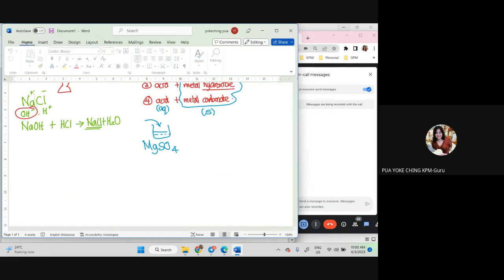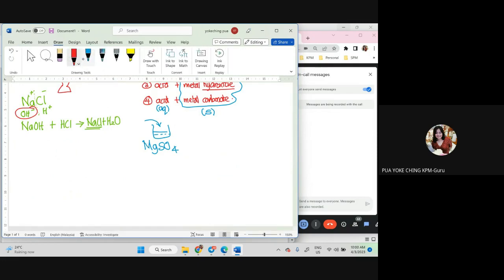The way is like before: split it into half, the back is still H+. Let's say you have sulfate ion, then you must use sulfuric acid.